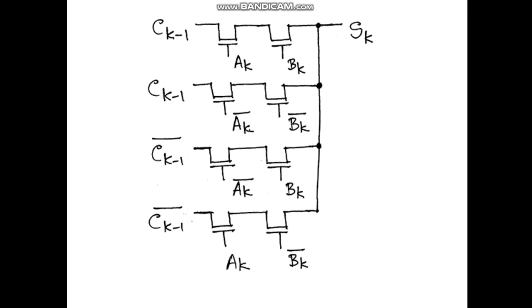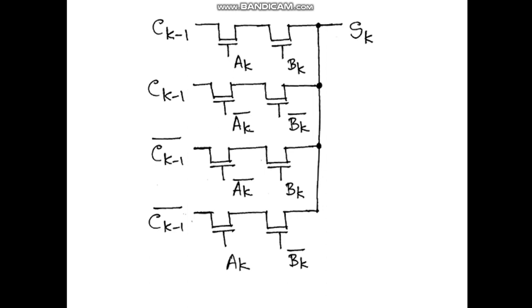When Ak and Bk are both 0, look into the second row in the schematic. Here we are giving the gate inputs as Ak bar and Bk bar. So as Ak and Bk are 0, the complemented inputs are given, hence both the NMOS transistors turn on and Sk is the same as Ck-1.